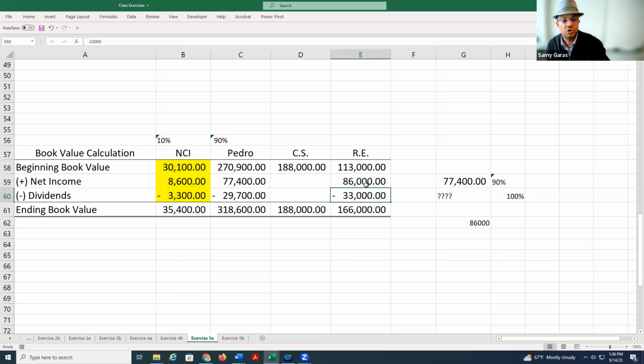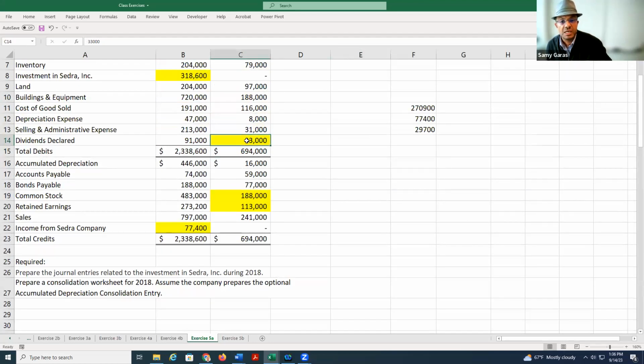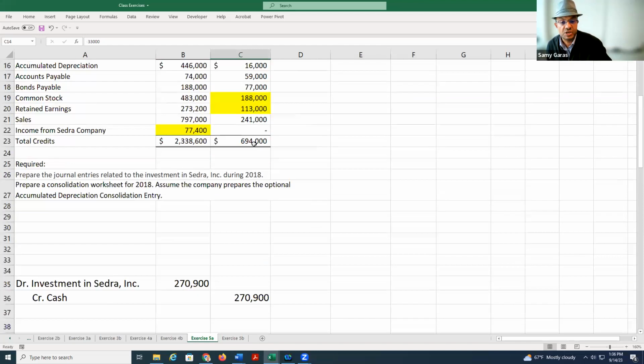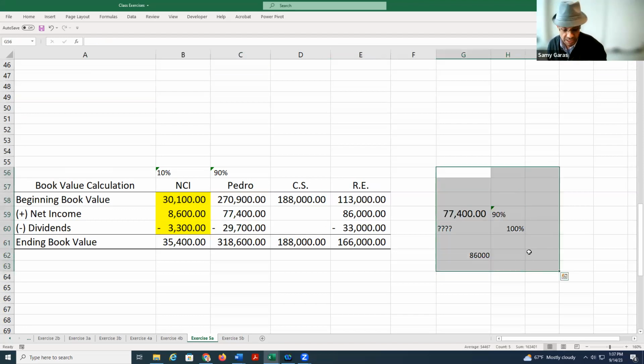The last one is the dividends. The dividends we know from the trial balance here, it is 33, this one. And as I said, we take those 33, divide them by 90% to the parent, 10% for the NCI. And then we take this one and make the calculation.